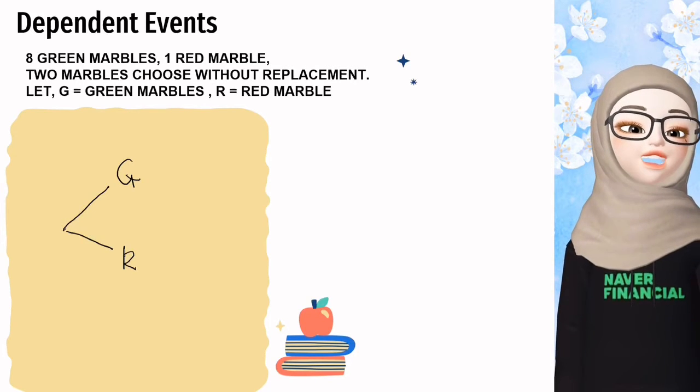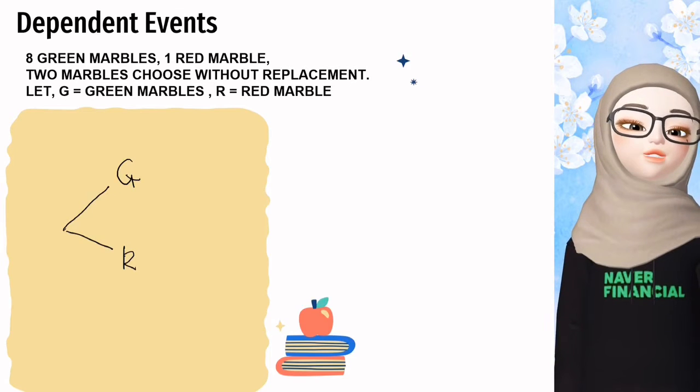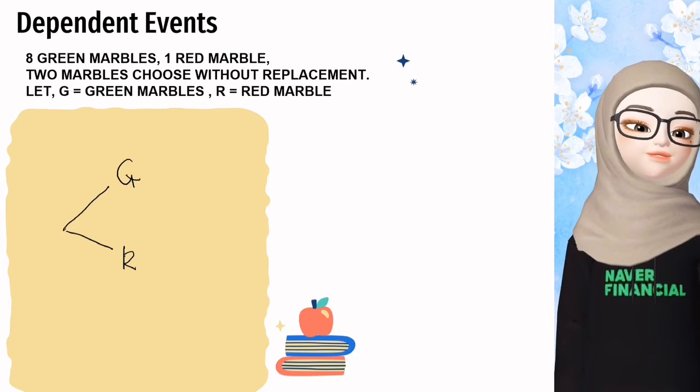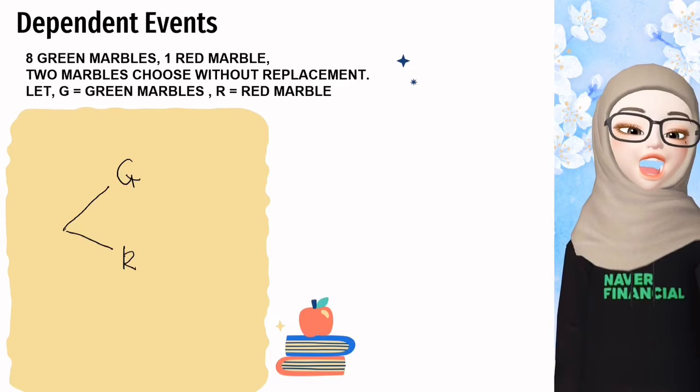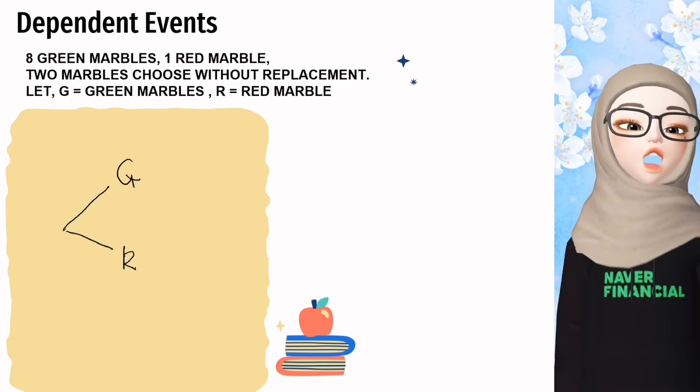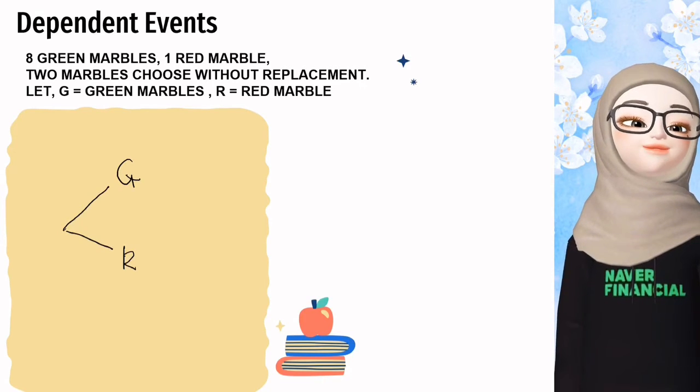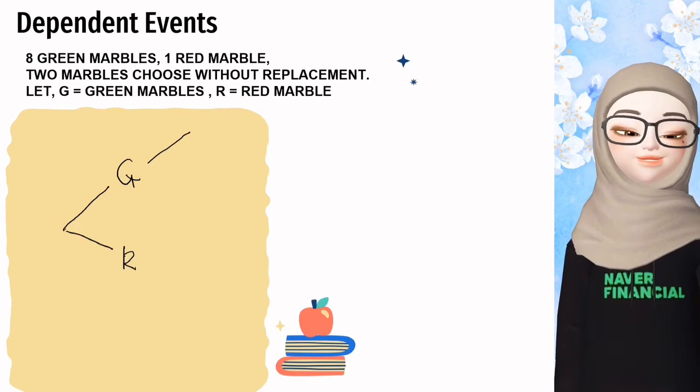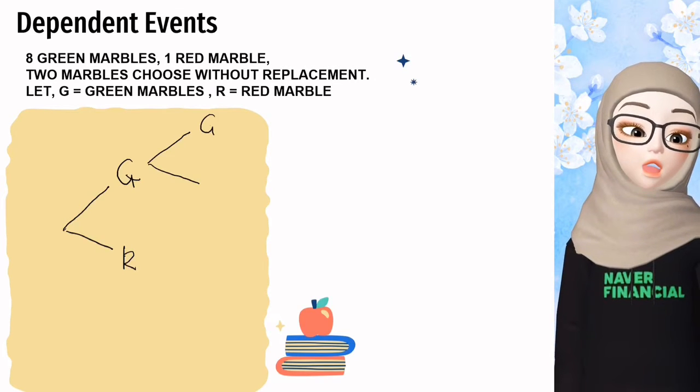So when we get a green marble on the first try, we will get another G and R for the second try.